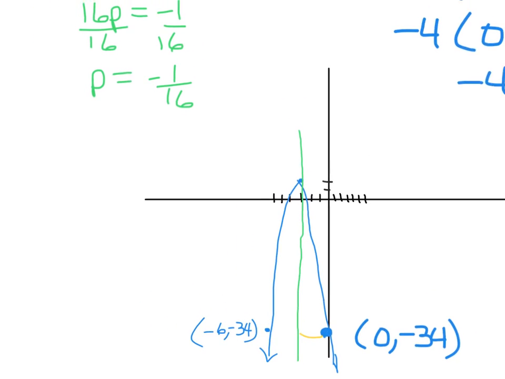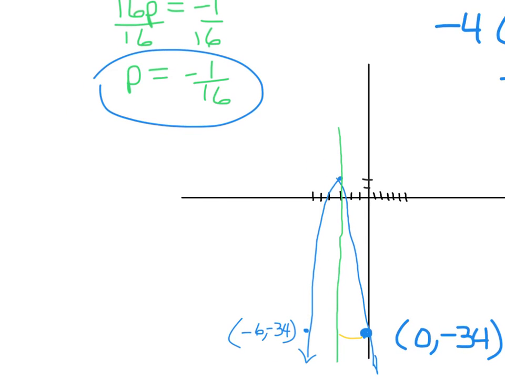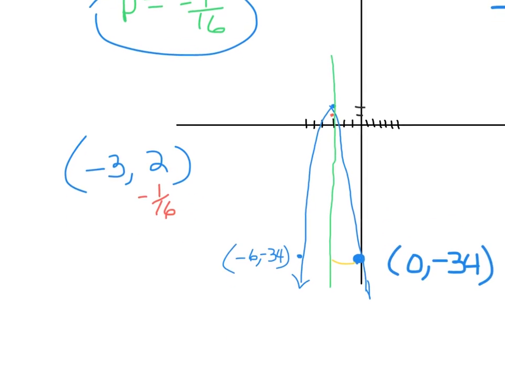So again, the focus, look at this. My focus point is going to be 1/16 away from my vertex. Remember, your vertex is -3, 2. So my focus point's going to be just 1/16 away, and I'm going to subtract that because it's negative from the 2.